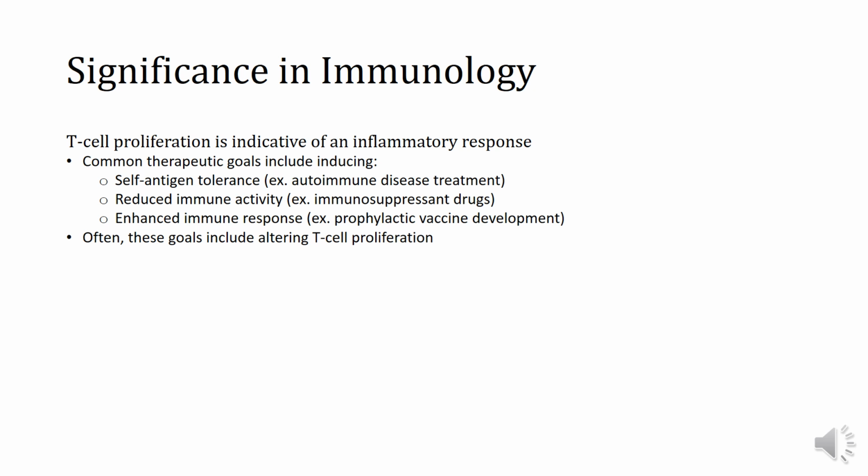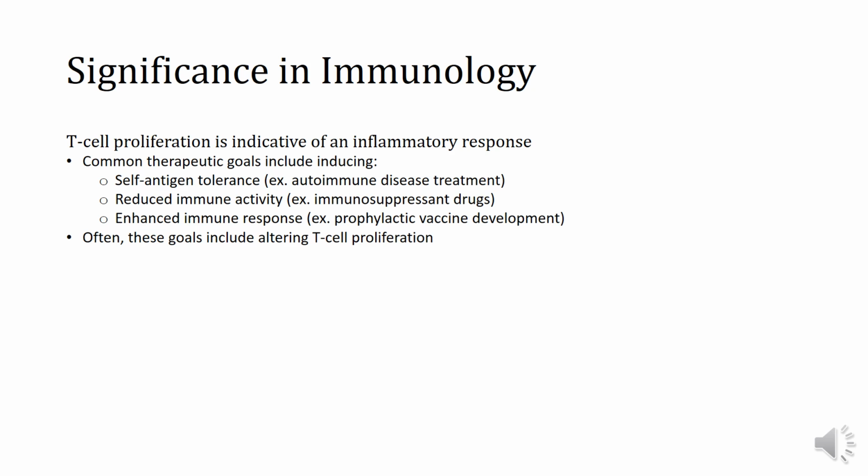T-cell proliferation is very significant in immunology. T-cell proliferation is indicative of an inflammatory response. Common therapeutic goals with evaluating T-cell proliferation are things that would induce self-antigen tolerance, so something that would help treat autoimmune disease by minimizing the inflammatory response could be tested.